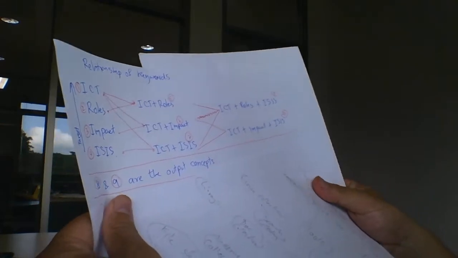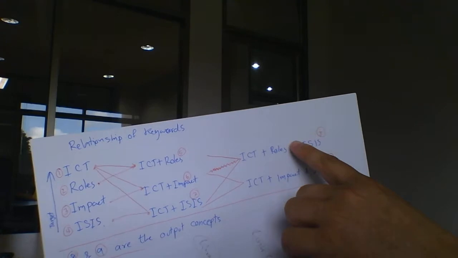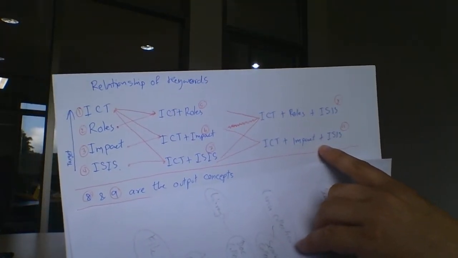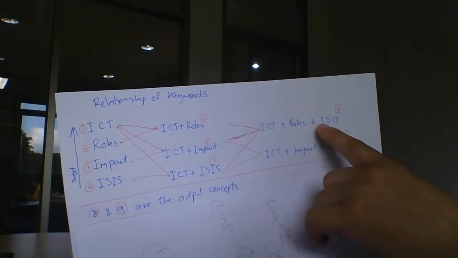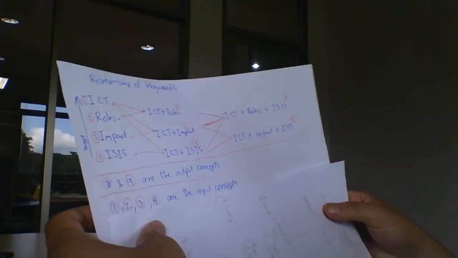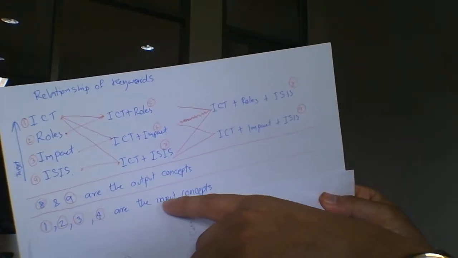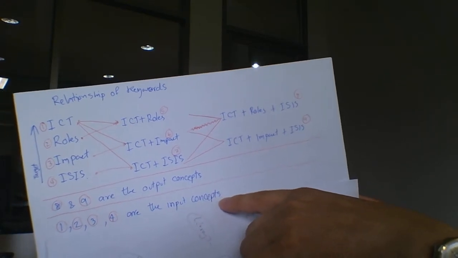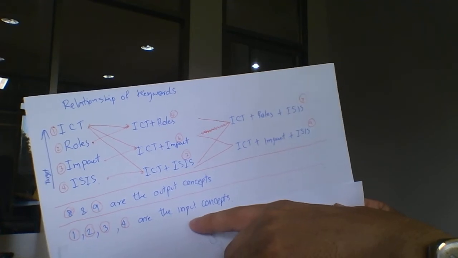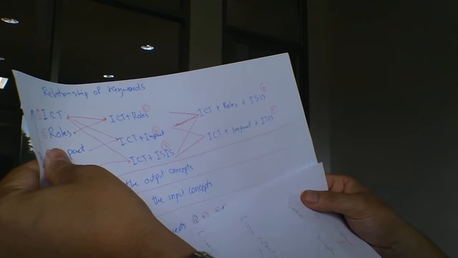We can say that number 8 and 9 here are the outputs that we need to develop. And numbers 1, 2, 3, 4 are input concepts where we get them from the questions or the topic that we want to investigate.